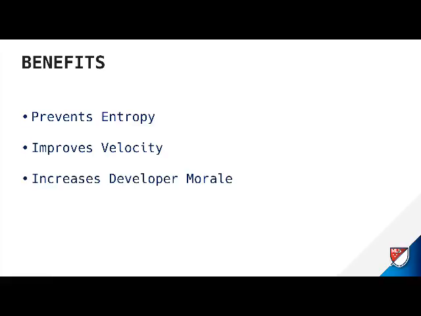People don't care about it as much, and basically this is how an app becomes a legacy app or service. These three things: entropy, or basically no code quality. So if we're not preventing entropy, we're on our way to legacy. These are pretty much some of the main benefits.